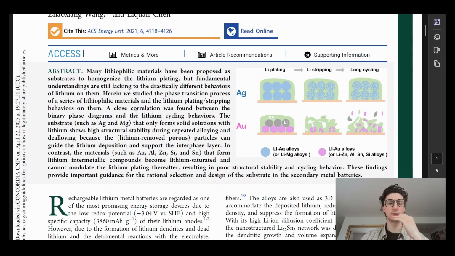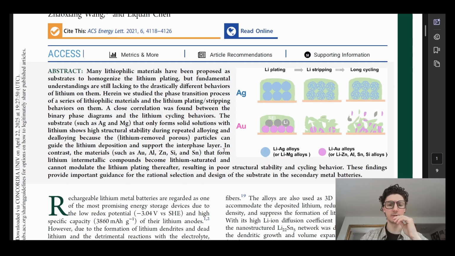A close correlation was found between the binary phase diagrams and the lithium cycling behaviors.